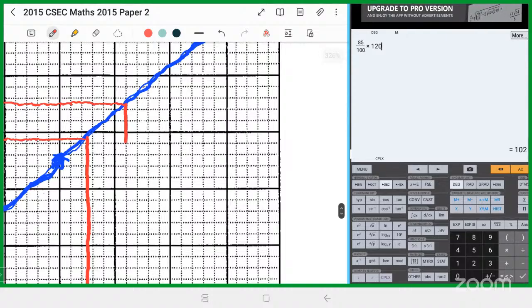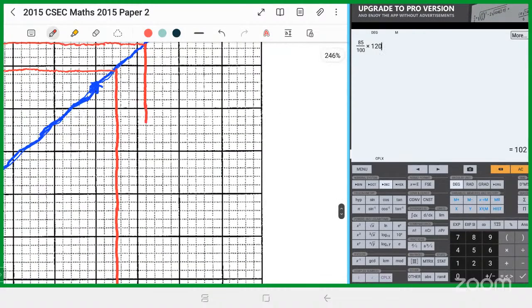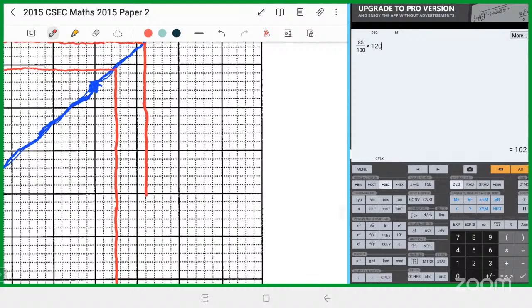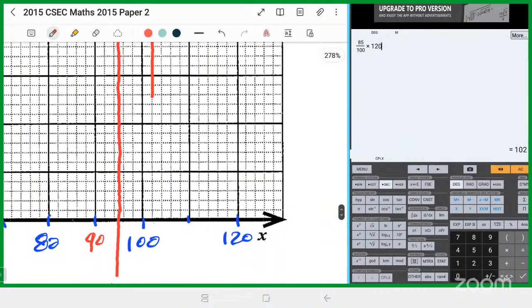So now it looks like it's 102 for true. Let's see if we get 102. I'm down on this line. That's 100, that's 110. Yep, that's 102.